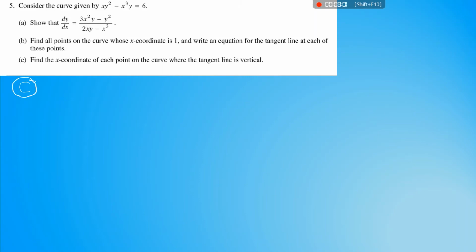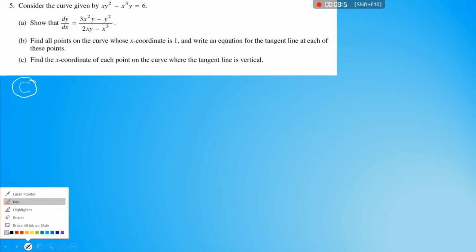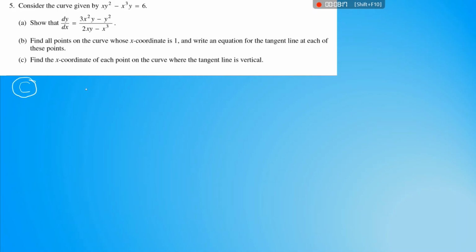We need to find the x-coordinate of every point on the curve where the tangent line is vertical. What would the tangent line be for a vertical line? The bottom part was 0, right?